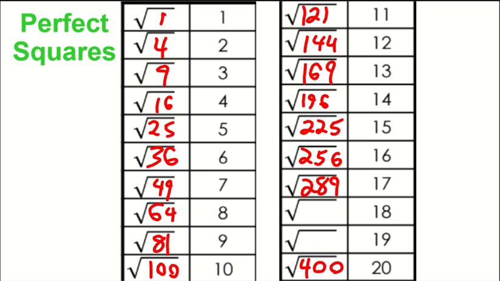All right, 18 times 18 is 324. 19 times 19 is 361.